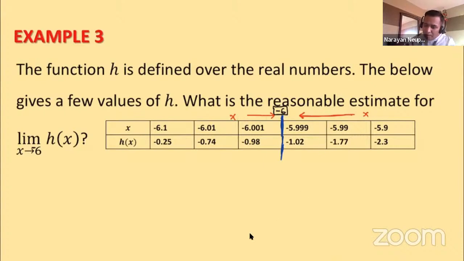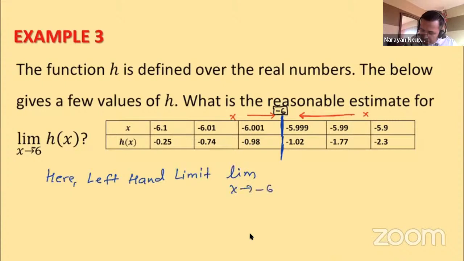Okay, so now we can think of left-hand limit and right-hand limit again. So here, left-hand limit, that is limit as x approaches -6 from the left of that function h of x is equal to, let's look at the values now.